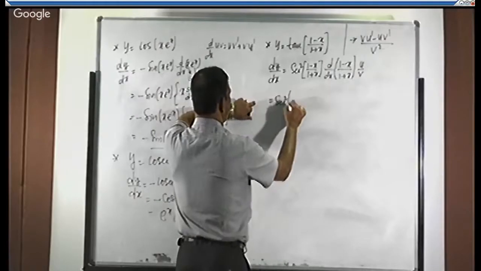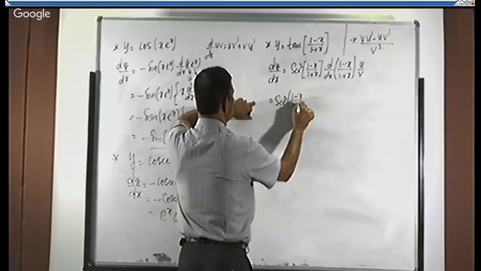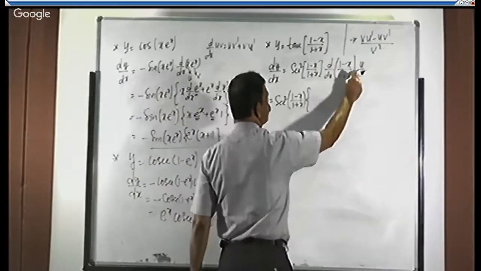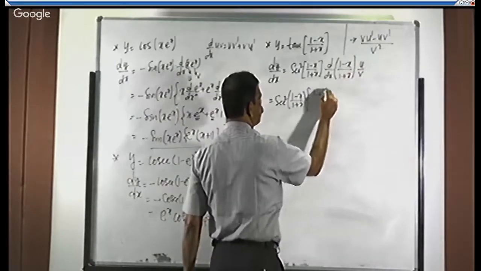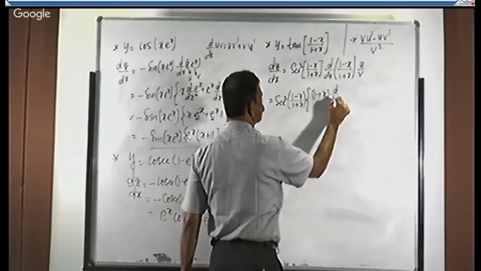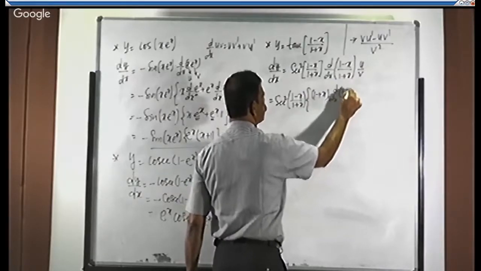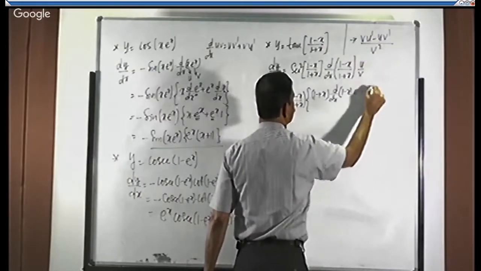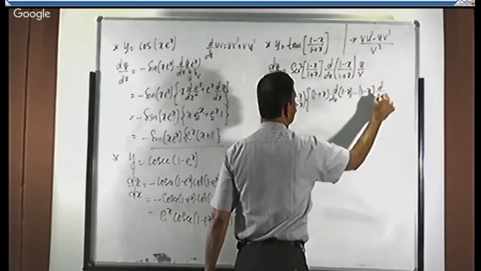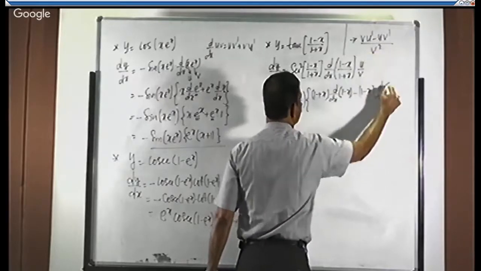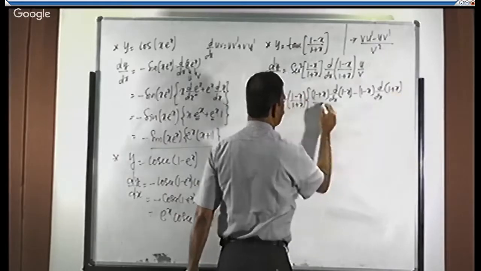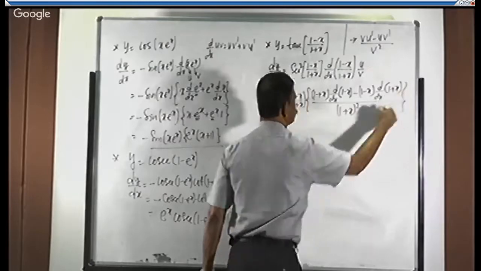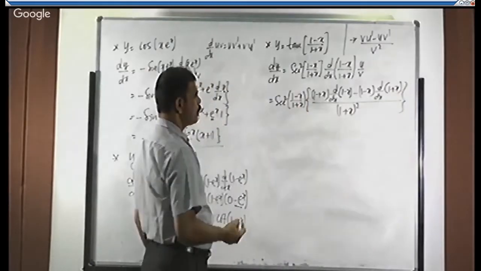Secant square of 1 minus x by 1 plus x into the differentiation of u by v. What is v? 1 plus x into d by dx of u. What is u? 1 minus x, minus u, which is 1 minus x, into d by dx of v. v is 1 plus x, whole divided by 1 plus x whole square. I have just applied according to the quotient rule.